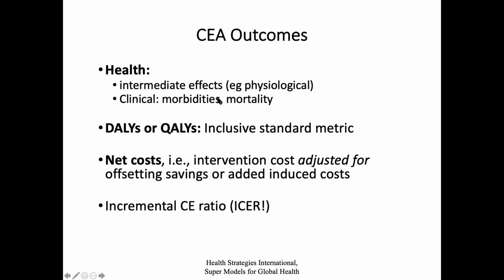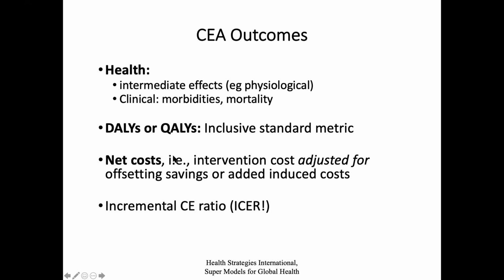Every model has some measure of the change in morbidity and the change in mortality associated with doing an intervention. But we don't stop there, because we're eager to be able to compare diseases to each other and intervention effects to other intervention effects. We come up with a common metric.